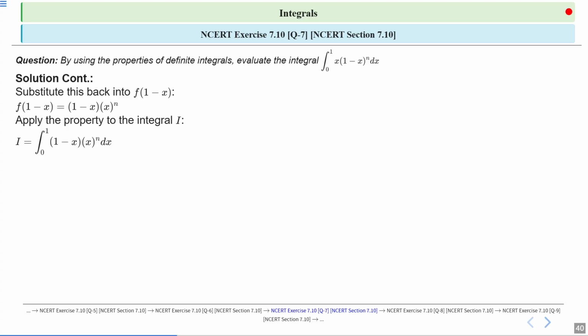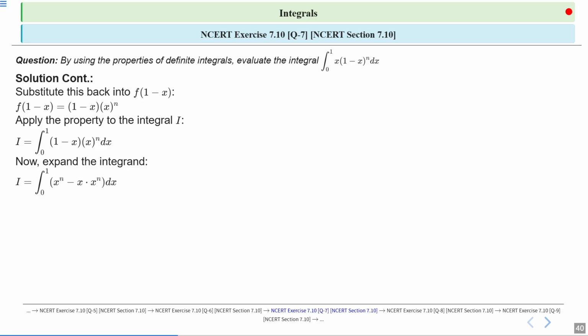So I is equal to 0 to 1 (1 minus x) into x the power n dx. And now this is more easily integrable than the expression 0 to 1 x into (1 minus x) the whole power n dx. Okay, so by using that property we convert our definite integral into a simpler form which can be easily integrated.